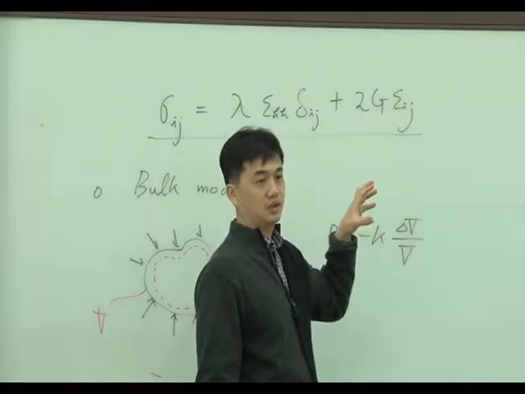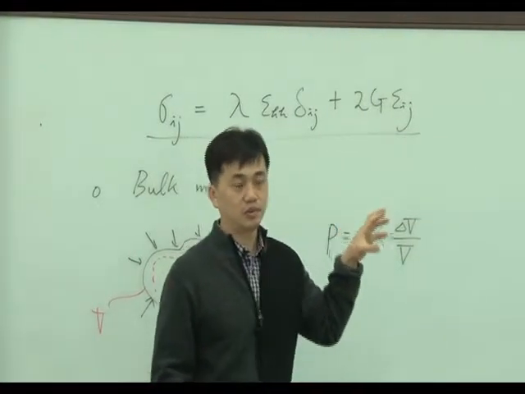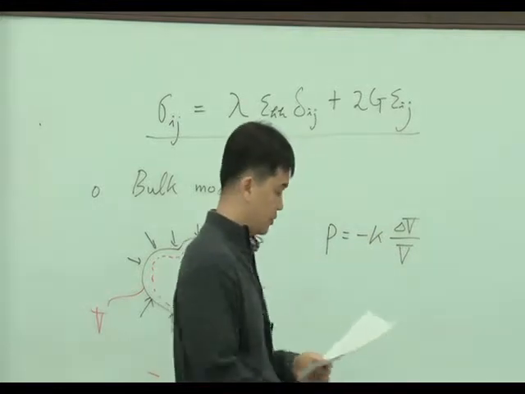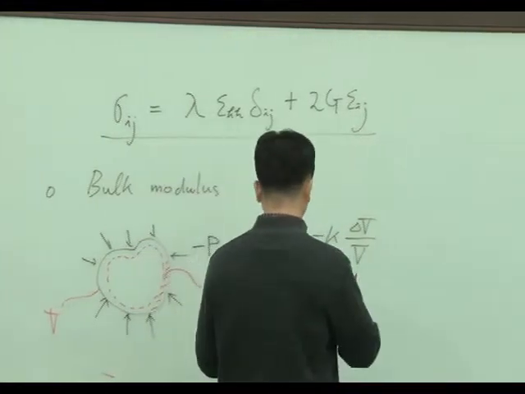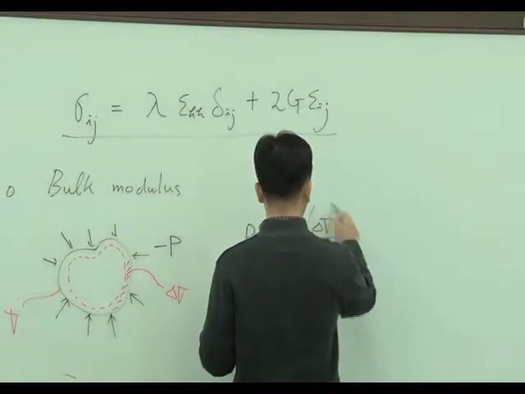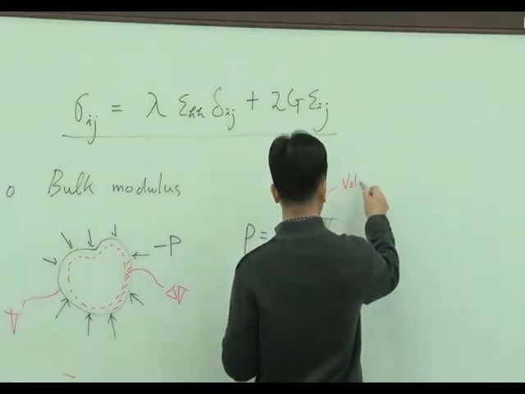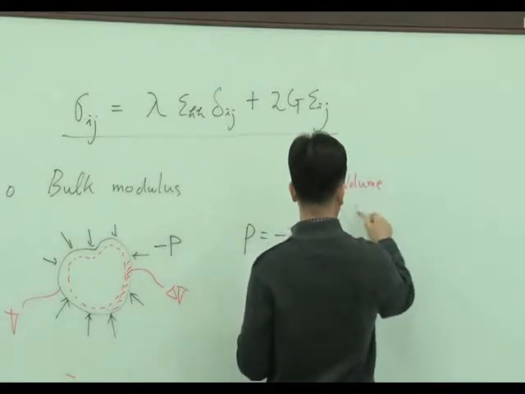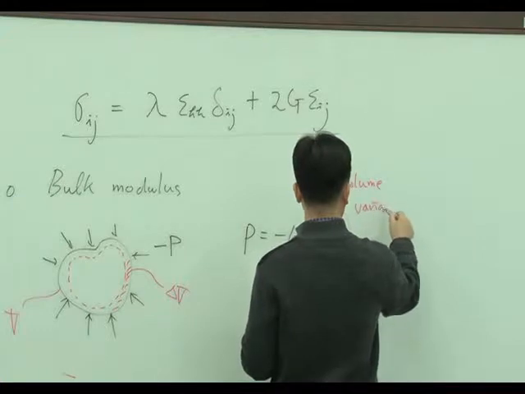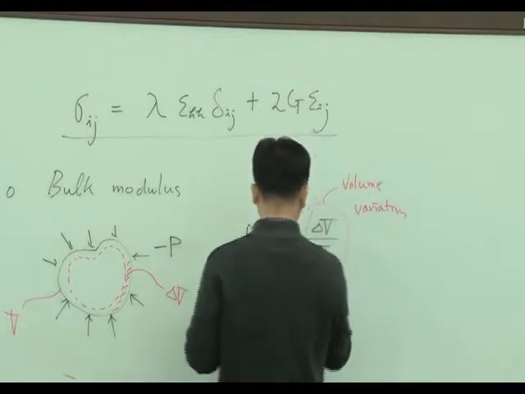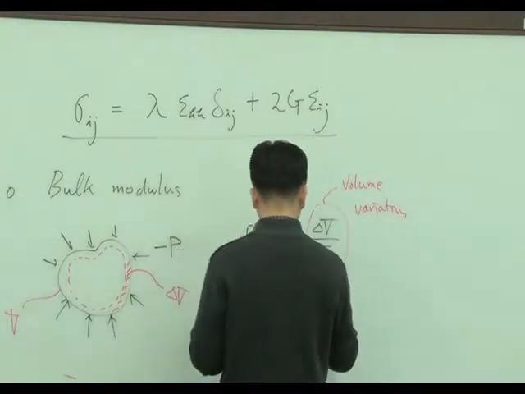It means decreasing of volume. Okay? Here, this is volume variation, and K is the bulk modulus.